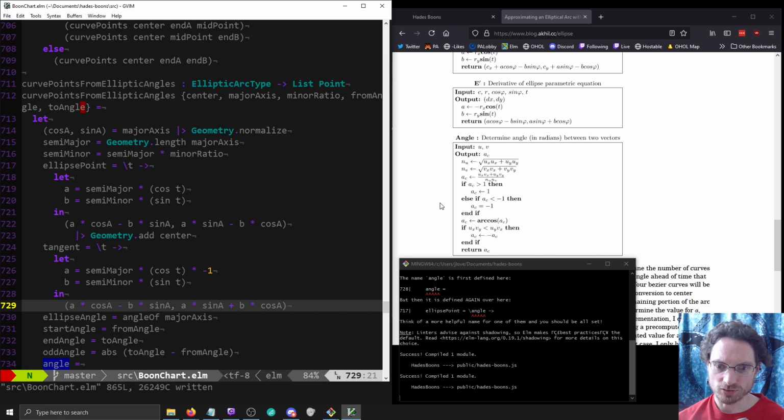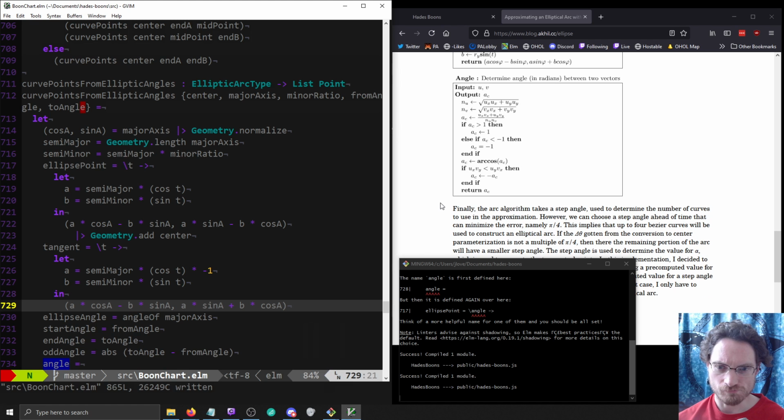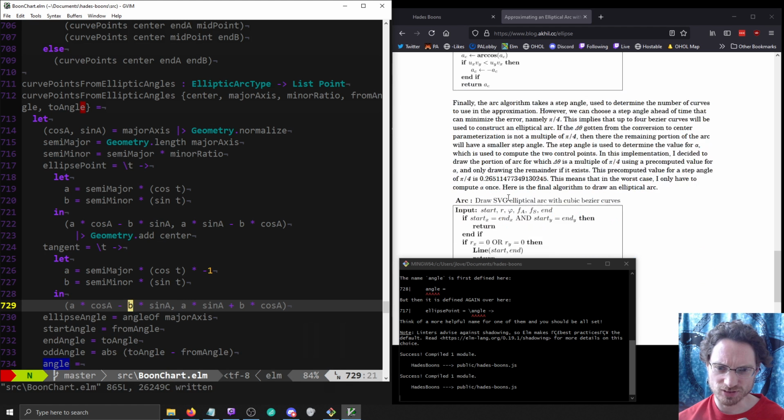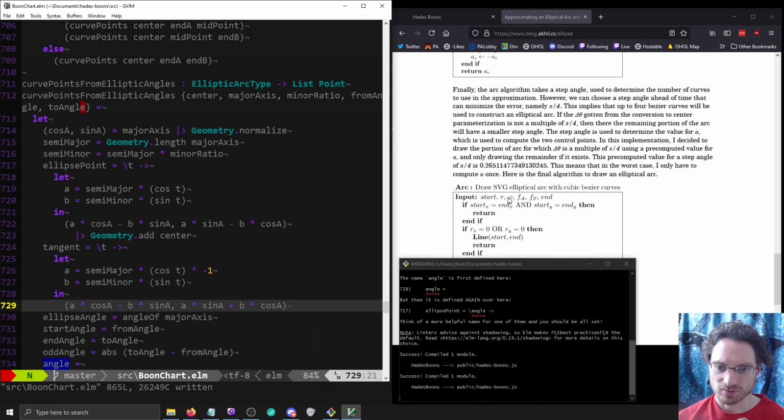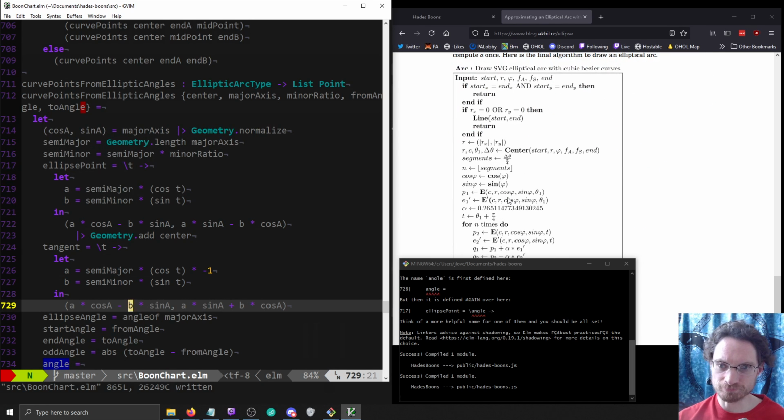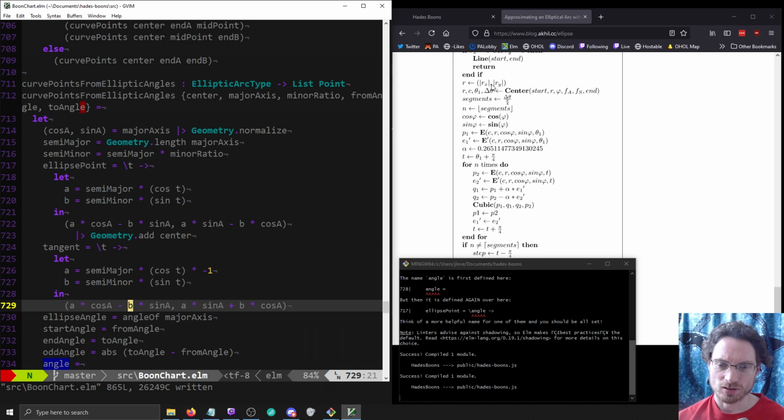Determine the angle between two vectors, which we already do. And this probably ends up being similar. So you're doing a step angle. So we're forming a vector.